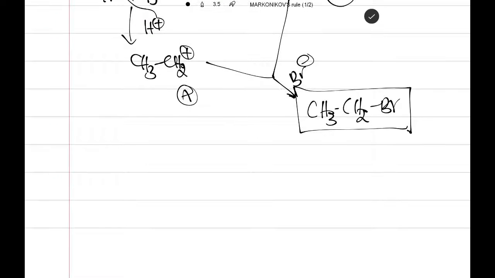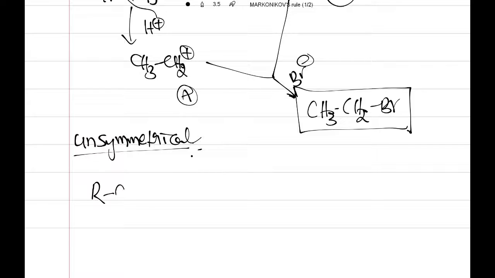Now if I take an unsymmetrical alkene, I am taking simply RCH double bond CH2. This is the unsymmetrical alkene. I am attacking this with H plus.